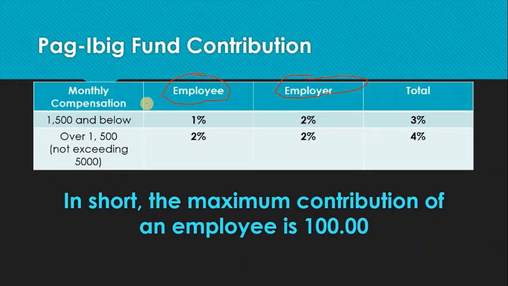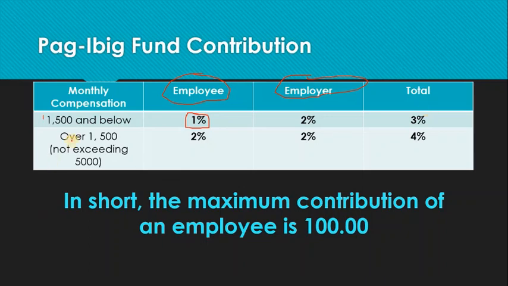So the first scheme is if your monthly compensation is 1,500 and below, there is 1% of your salary that should be deducted from you, and 2% is your employer's, so you have a 3% Pag-IBIG fund contribution.